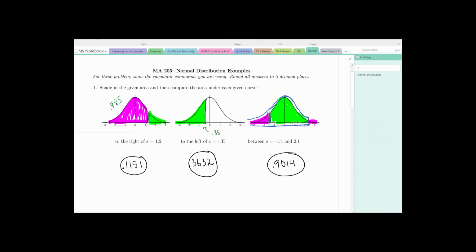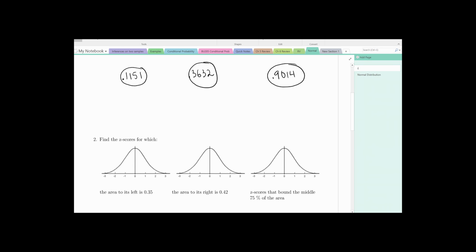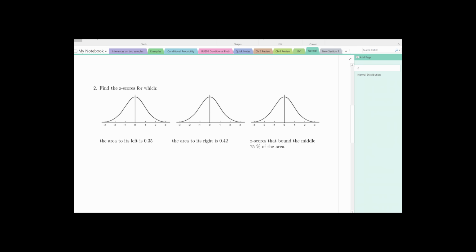There you go. And that makes sense because that was actually a pretty good estimate, right? So that's how you would deal with probabilities or areas under the curve where you have these two numbers as your limits, okay? All right, let's take a look at the next example before we do an application problem.